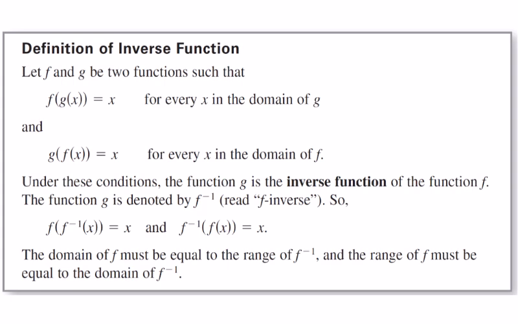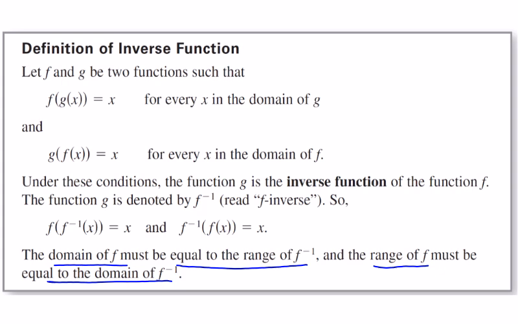All right. And so here they show us what we just looked at with the two functions from a minute ago, where if we input f inverse into f, we get x, and if we input f of x into f inverse, we also get x, okay? So the domain of f must be equal to the range of f inverse, and the range of f must be equal to the domain of f inverse.